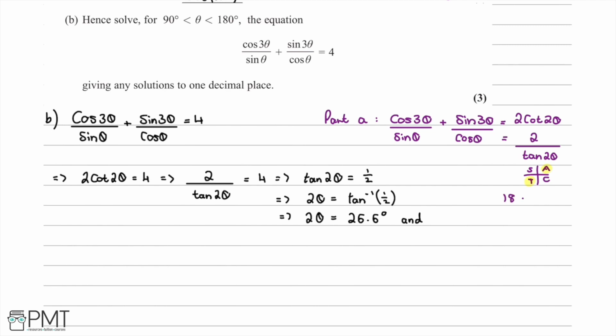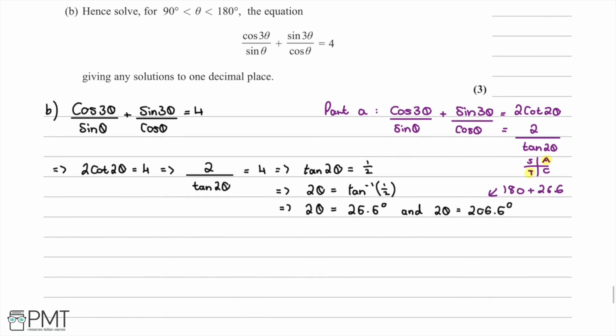So this means that we're going to have a second solution at 180 plus 26.6. So this means that 2 theta is also going to be equal to 206.6 degrees. So then we can now solve for theta by dividing everything by 2. So we'll have here with our first solution that theta is going to be equal to 13.3 degrees.